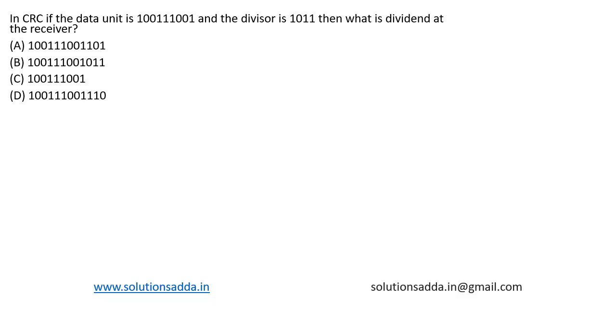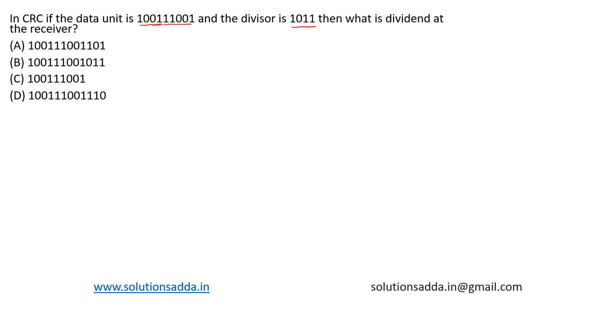This is a question from computer networks. In CRC, if the data unit is 100111001 and the divisor is 1011, then what is the dividend at the receiver? And 4 options are given. So the first thing we have to do is append n-1 number of zeros to the dividend. Here n will be the number of bits in the divisor.